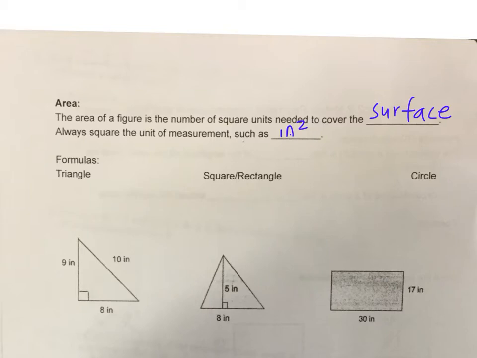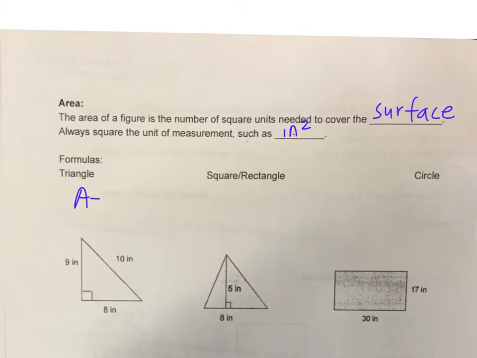So, the formula for a triangle, area equals 1/2 times the base times the height. The area for a square or a rectangle, area equals length times width. And the area for a circle, area equals pi r squared, r for radius.